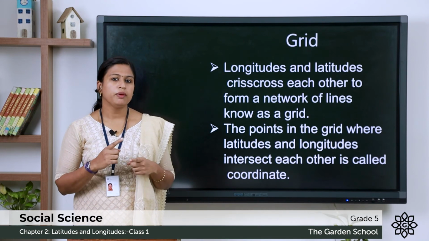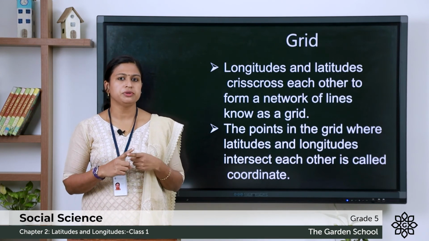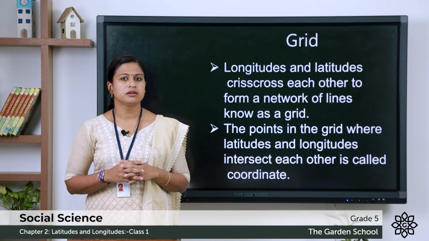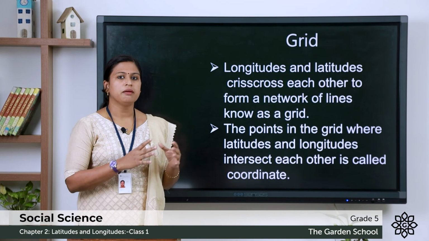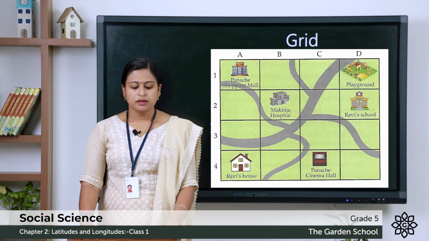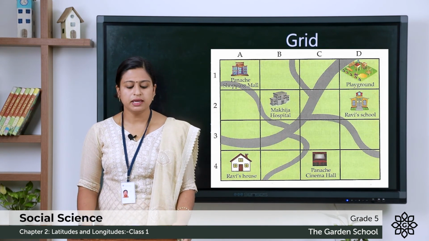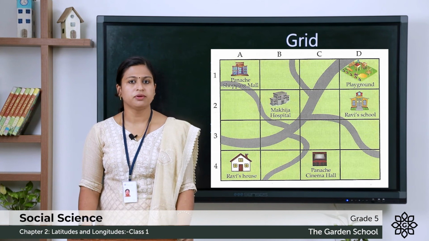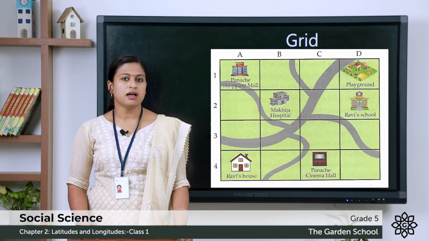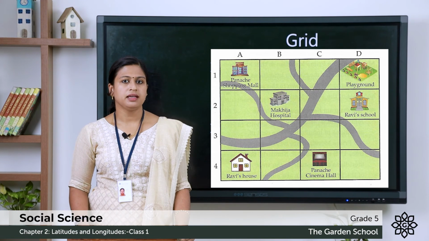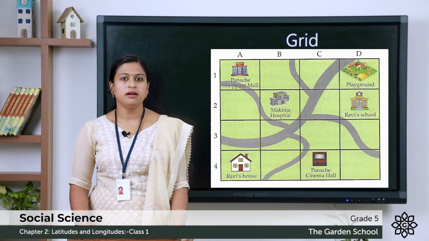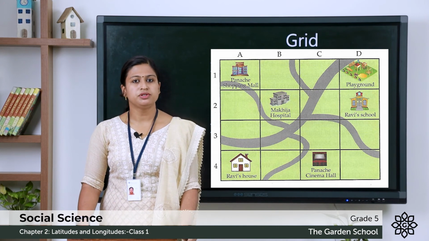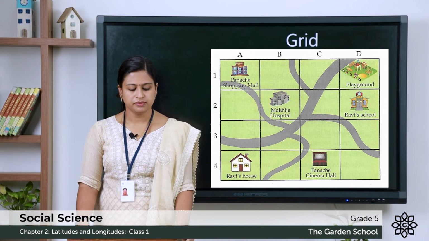The points where these latitudes and longitudes intersect are known as coordinates and these coordinates help us to locate places on the Earth. Here in this picture, you can see columns and rows. The columns are marked as A, B, C and D. Rows are numbered as 1, 2, 3, 4.